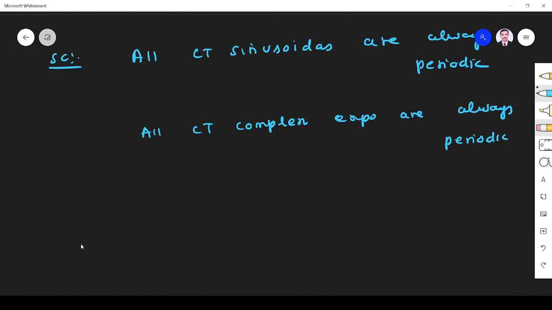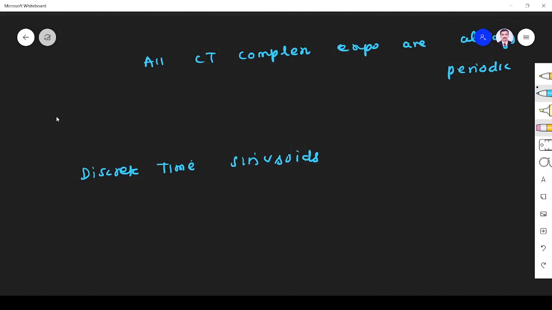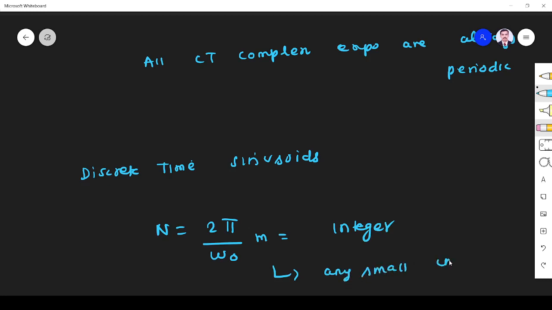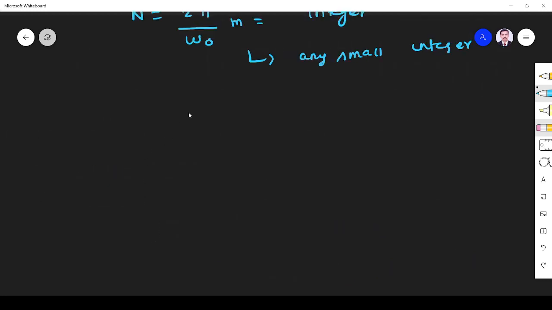So for discrete time sinusoids, what do we have to do? For discrete time sinusoids, the condition for periodicity is that N, the period of a discrete time periodic signal, equal to 2 pi by omega naught times m, must be an integer value, where m is any small integer. So not all discrete time sinusoids are periodic.